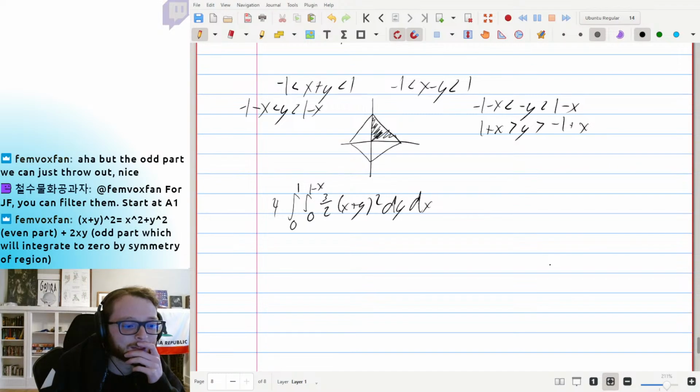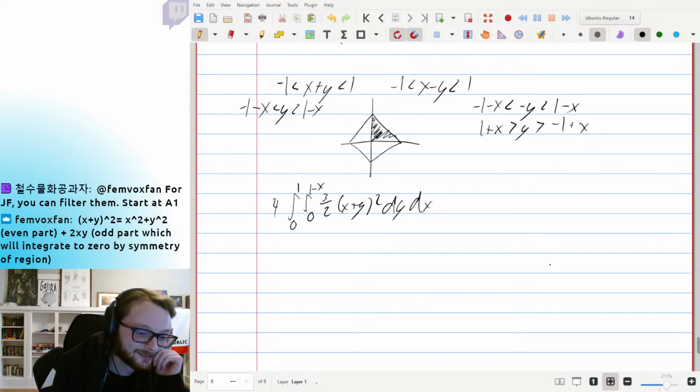Integrates to 0 by symmetry of the region? Really? I'm just going to take your word for it because I don't feel like thinking about it.